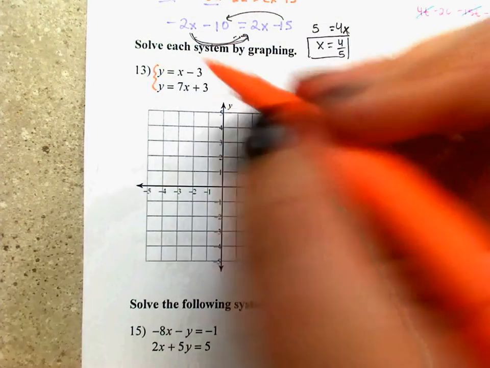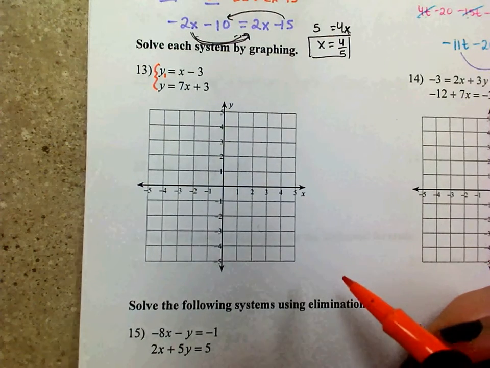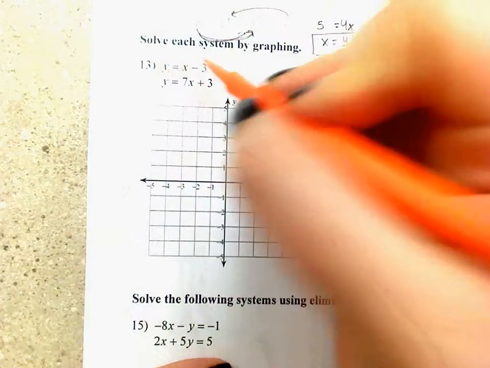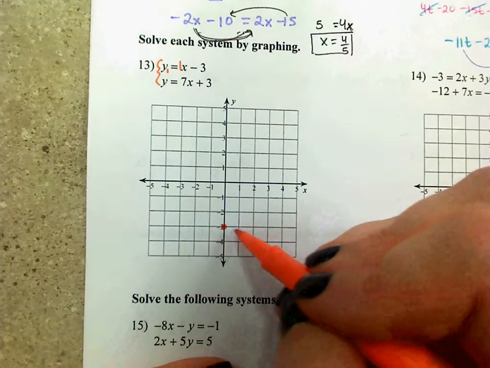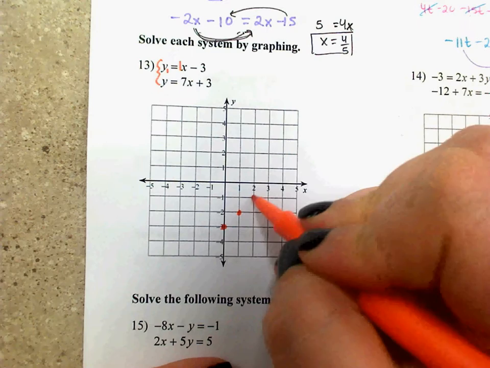So I've got x minus 3. That means I've got a y-intercept of -3 and a slope of 1. So I'm going to go up 1 over 1, because 1 is the same thing as 1 over 1. Up 1 over 1, and left and down. So there's that one.